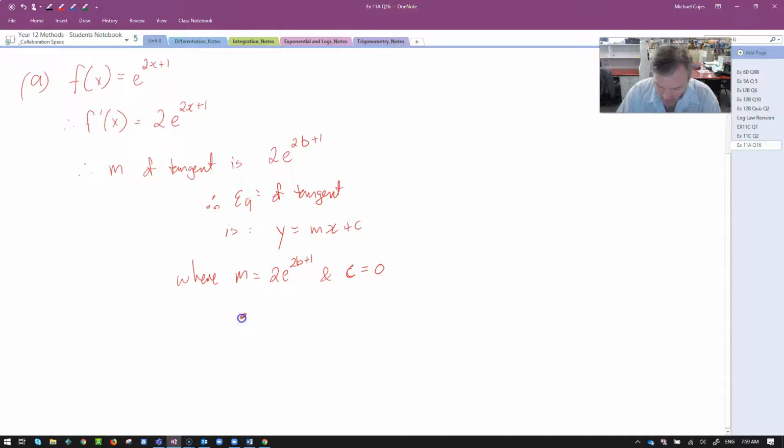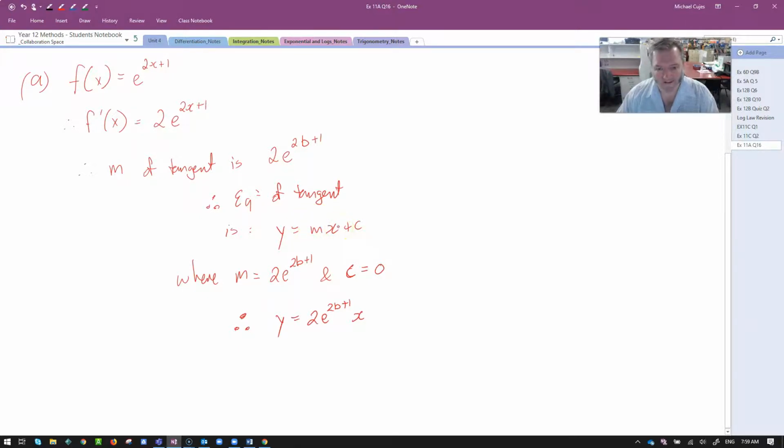So now I know the equation of the tangent is y equals 2e to the 2b plus 1 multiplied by x. Still pretty confusing, this one. But we've stayed calm. We've said, well, I found the tangent, I can put it in. I know the y-intercept, let's put that in.